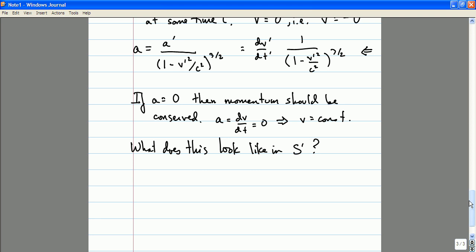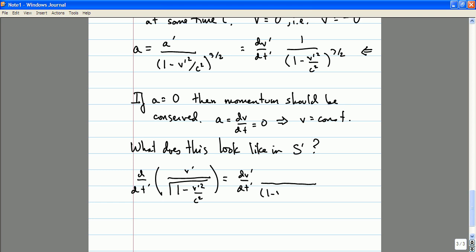Let's consider d by dt prime of v prime divided by the square root of 1 minus v prime squared over c squared. What is that? Well, v prime depends on t, so this is dv prime by dt prime, times, well, the whole thing will have a power of 1 minus v prime squared over c squared to the 3/2 power in the denominator.